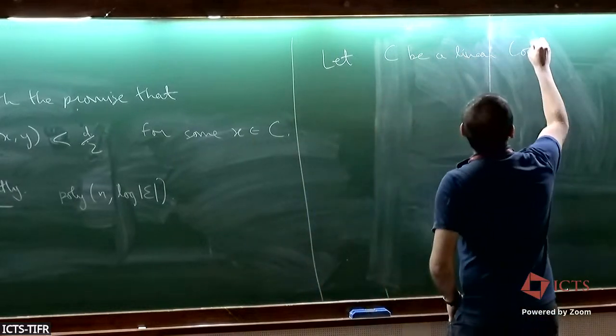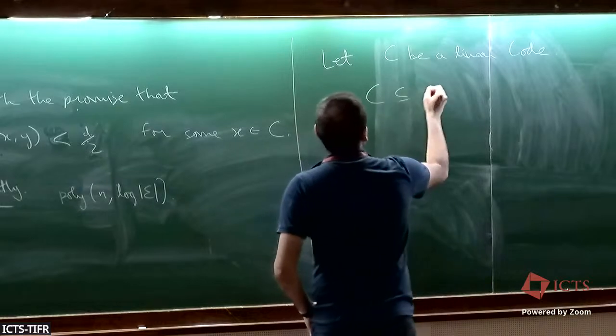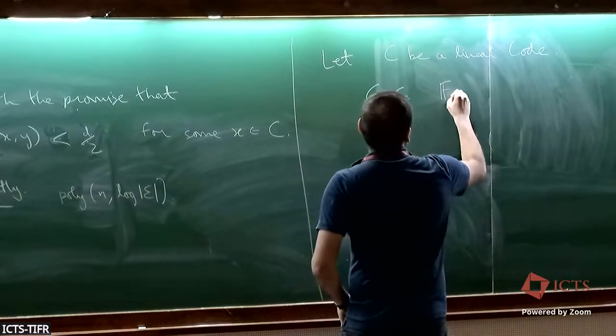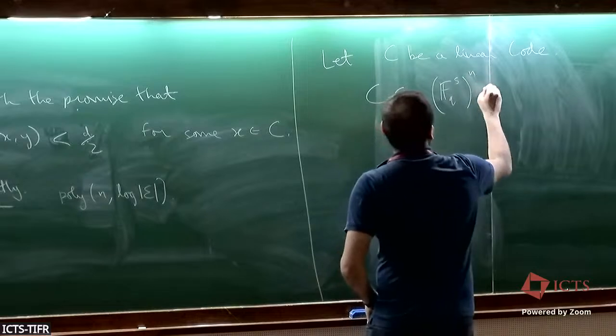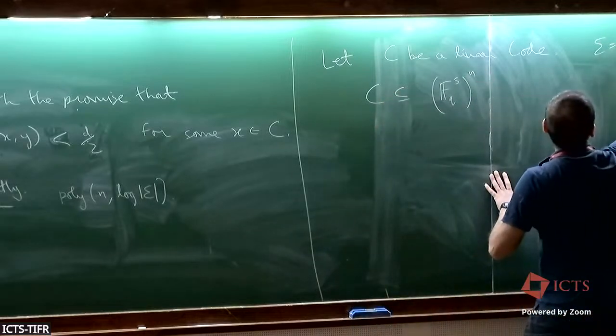So C is a subset of (F_q^s)^n, right? Sigma was F_q^s.